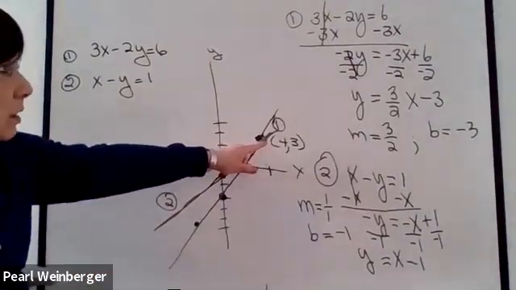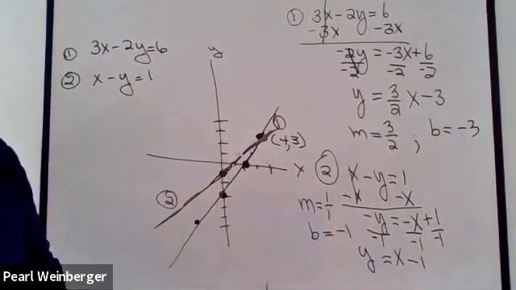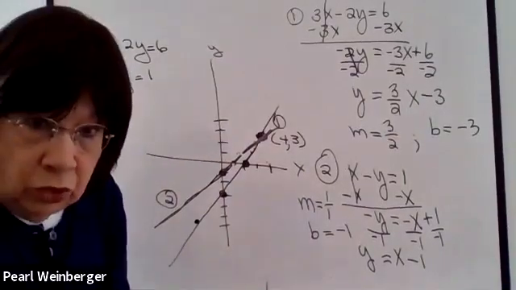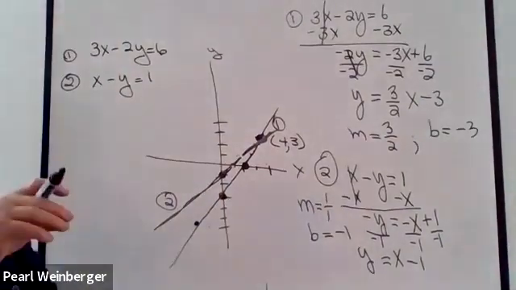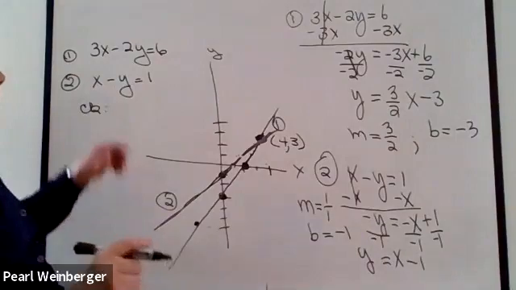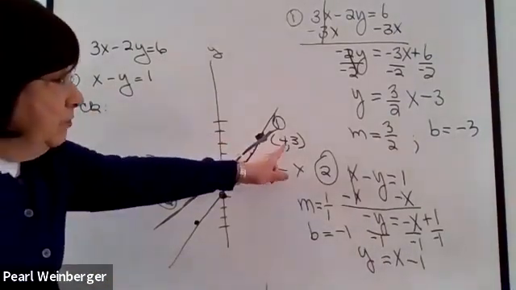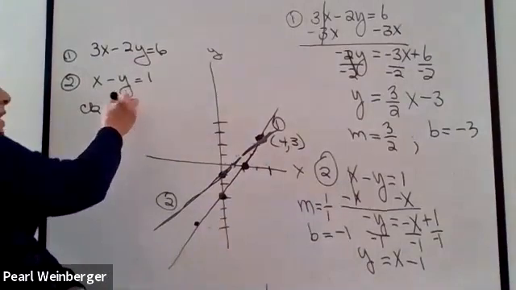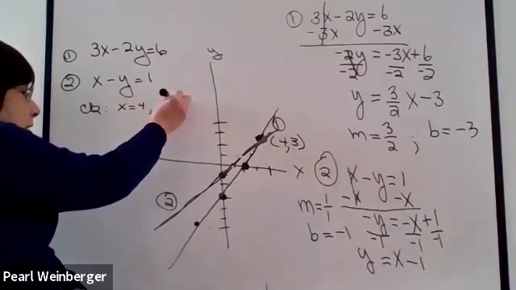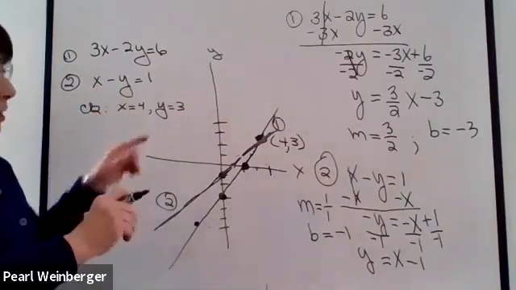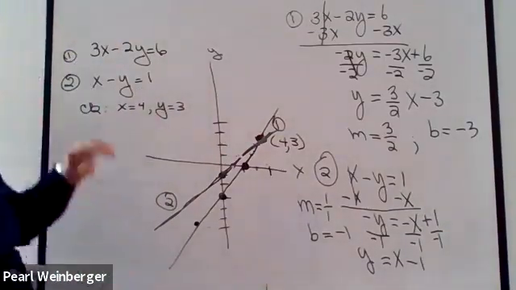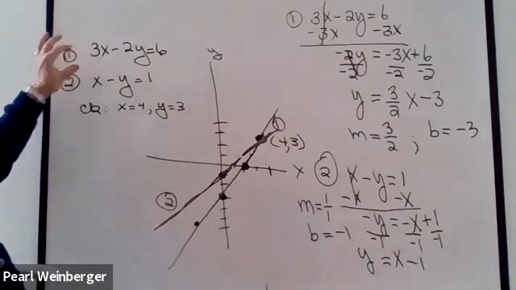How could I tell if 4, 3 is actually a solution to this system of equations? Oh, great. Emma got that point. I could check my solution by saying that 4, 3 is the solution, meaning x is 4 and y is 3. And this point, 4, 3, has to work in both equations because it has to be a solution for both.